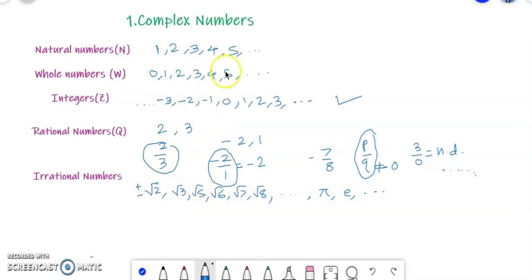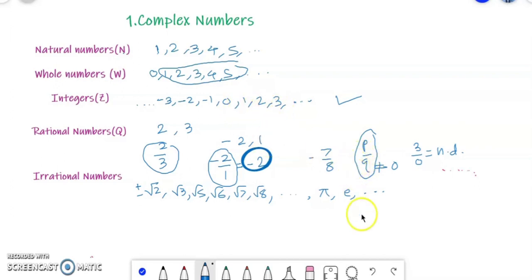Now if you see, every natural number is there in the set of whole numbers. So every natural number is a whole number. Every whole number is an integer. Every integer is a rational number, like minus 2, which is minus 2 upon 1. You can consider 2 as a rational number because you can write it as 2 upon 1. 3 can be considered as a rational number because I can write it as 3 upon 1.